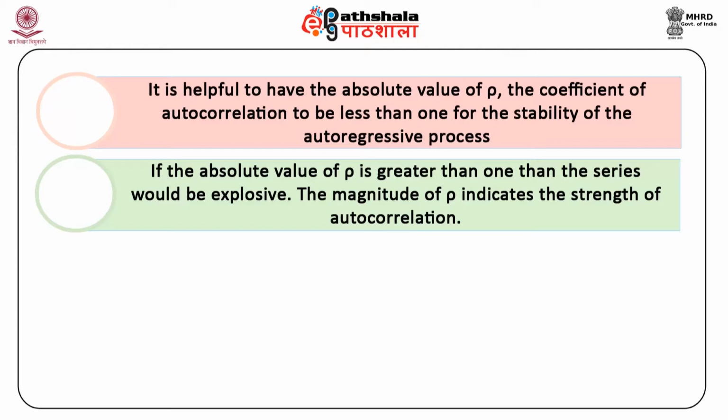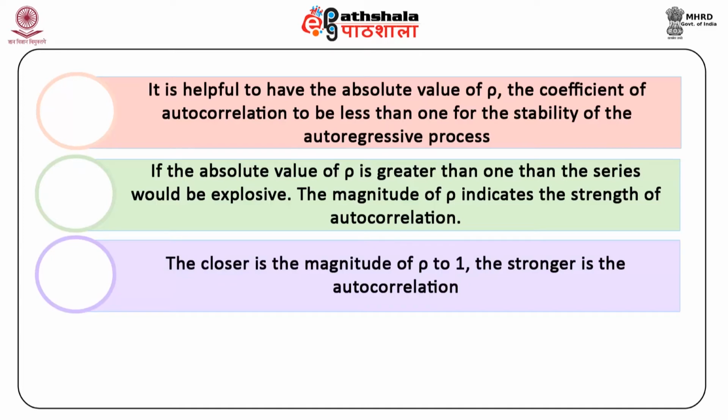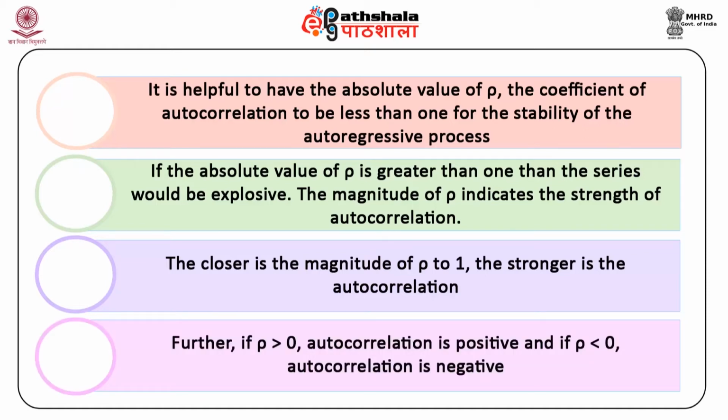The magnitude of rho indicates the strength of autocorrelation. The closer the magnitude of rho is to 1, the stronger is the autocorrelation. Further, if rho is greater than 0, autocorrelation is positive, and if rho is less than 0, autocorrelation is negative.